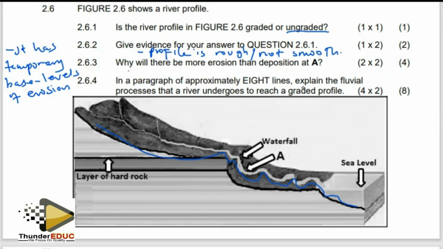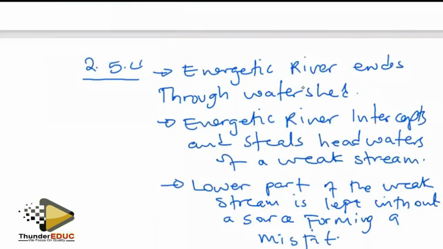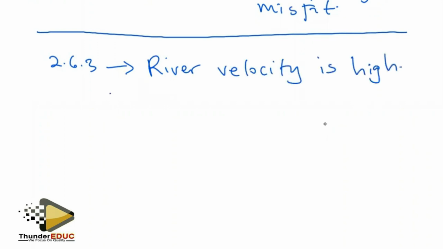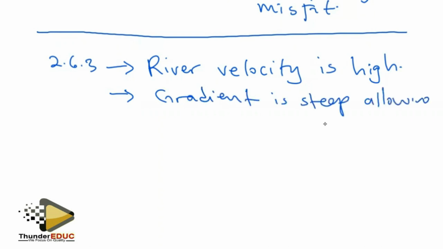Then we could say because the river velocity is high, the gradient is steep, allowing more erosion.